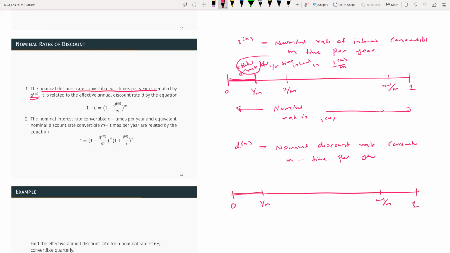Then for the small time interval, the effective discount rate is D^(M) divided by M. So for the whole unit time interval, it's the nominal, not effective, nominal rate D^(M).